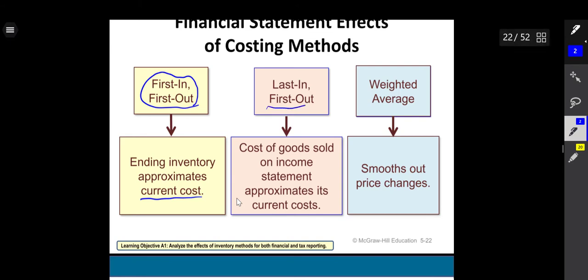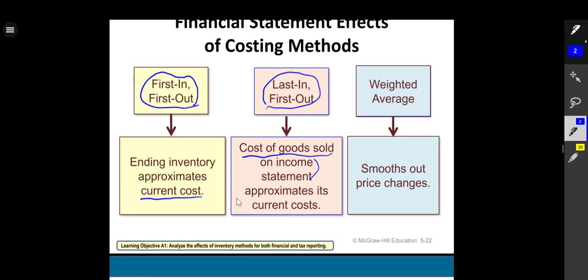For a last in, first out valuation, what this does is it places the emphasis on the cost of goods sold in the income statement. So here we're interested in identifying or approximating the current cost in cost of goods sold. The argument would be if we use first in, first out, the cost of goods sold may be understated, especially if you're in an era of increasing costs.